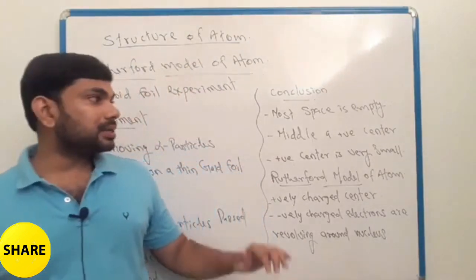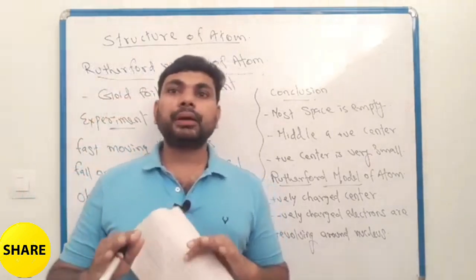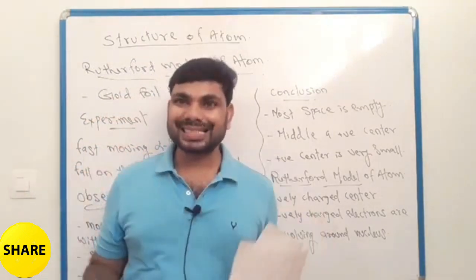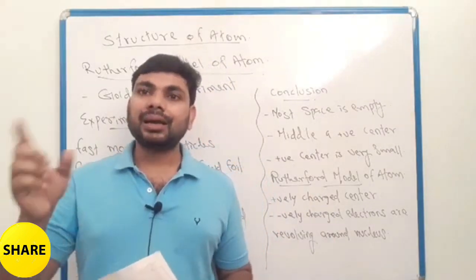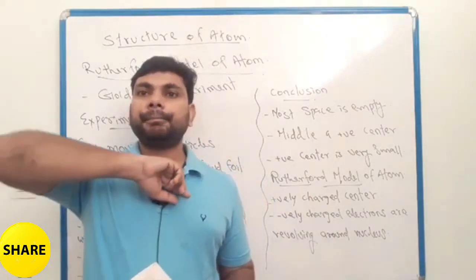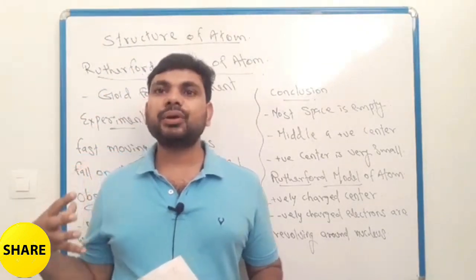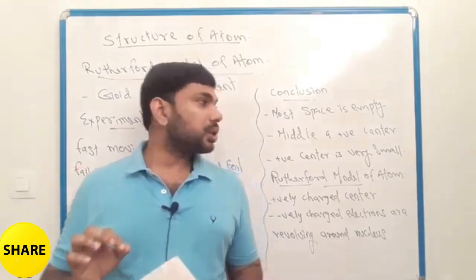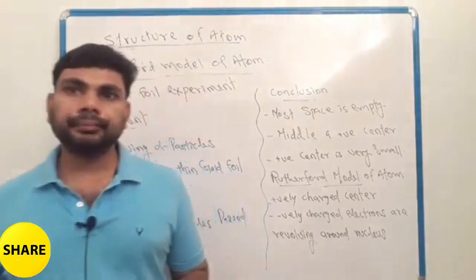You know, it is very similar to the solar system. In the middle there is the sun. Around the sun different planets are revolving. That's why this model of atom is also called the planetary model of atom. Clear?